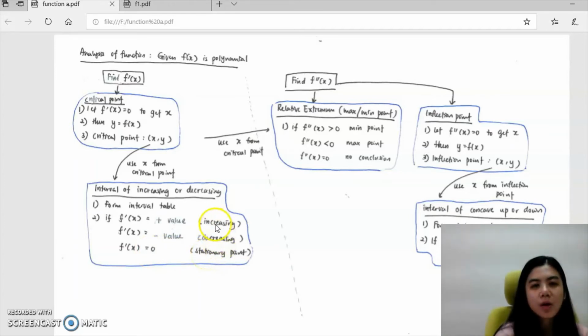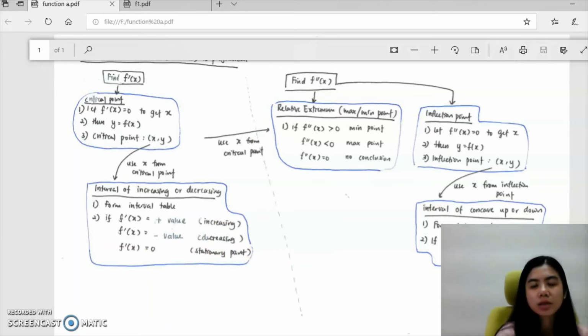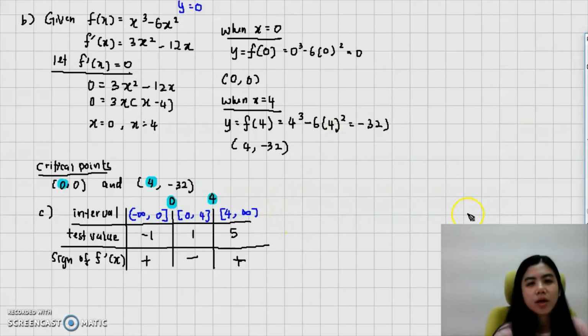According to our table, we have two signs: positive and negative. The positive value is the interval of increasing, and negative is decreasing. So let's go back to the table we just did. You can see that this is an interval of increasing, and this is an interval of increasing.